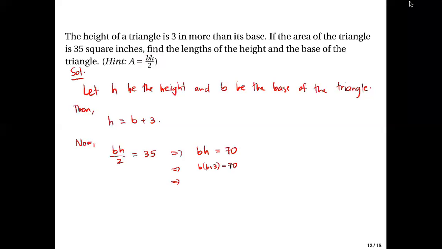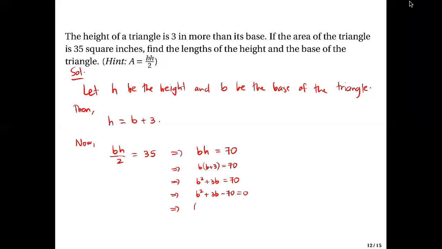So let's just solve this equation. On the left-hand side, we will have b squared plus 3b. On the right-hand side, we have 70. Or we can write this as b squared plus 3b minus 70 equals 0. From here, you can use any method you want. You can use the quadratic formula, or you can use factoring. I'll be using factoring.